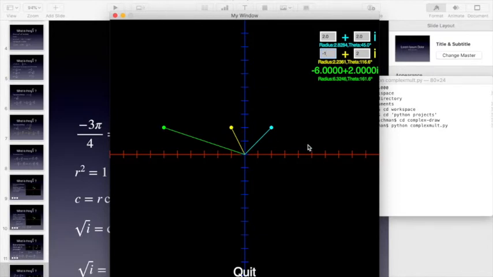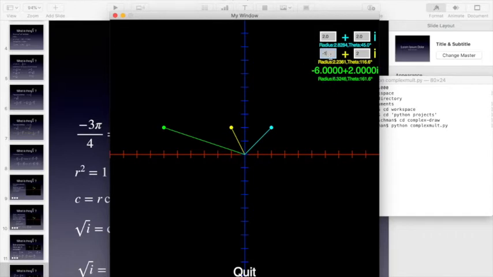And the radii, the lengths, multiply. So, for example, the length of this one is 2.8284, that's 2 times the square root of 2. So 2 times the square root of 2 for this length.